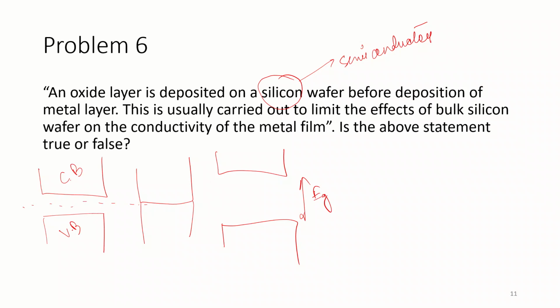If anybody remembers, there is something called the Fermi level. Anybody remember this? The energy level between the conduction and valence band.